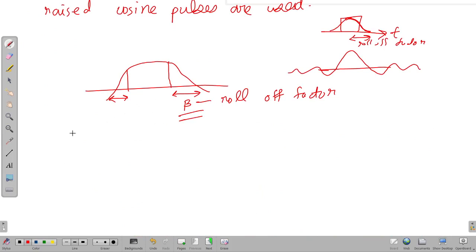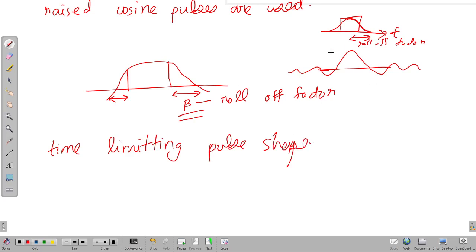And one more thing is, in order to time limit the pulse shape, even this raised cosine filter has some tentacles like this. After reaching zero they will slightly continue.